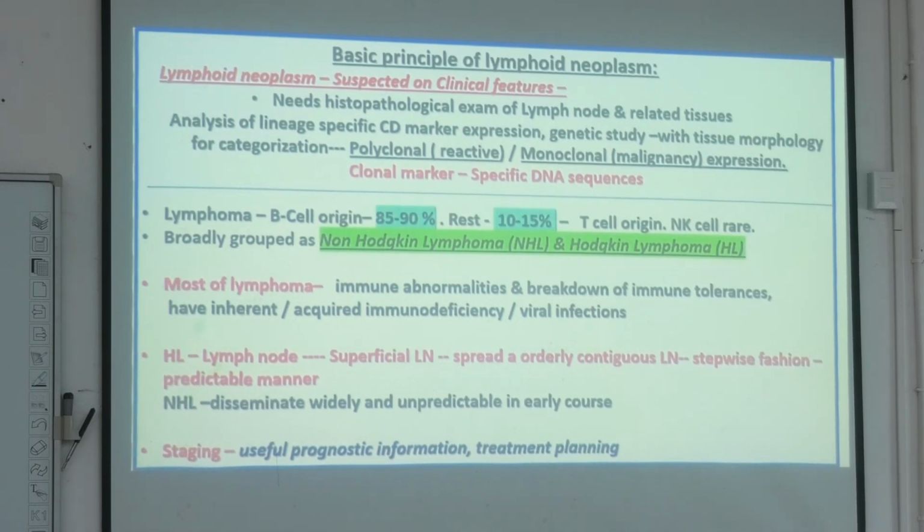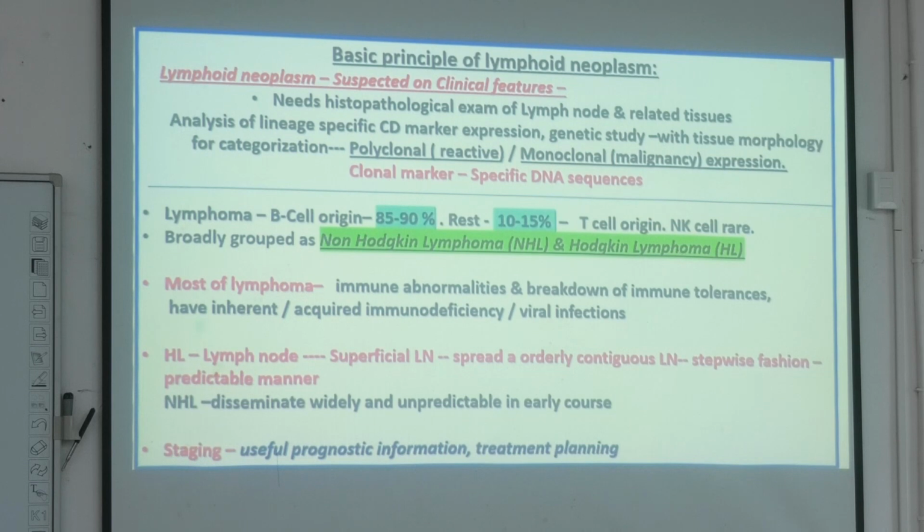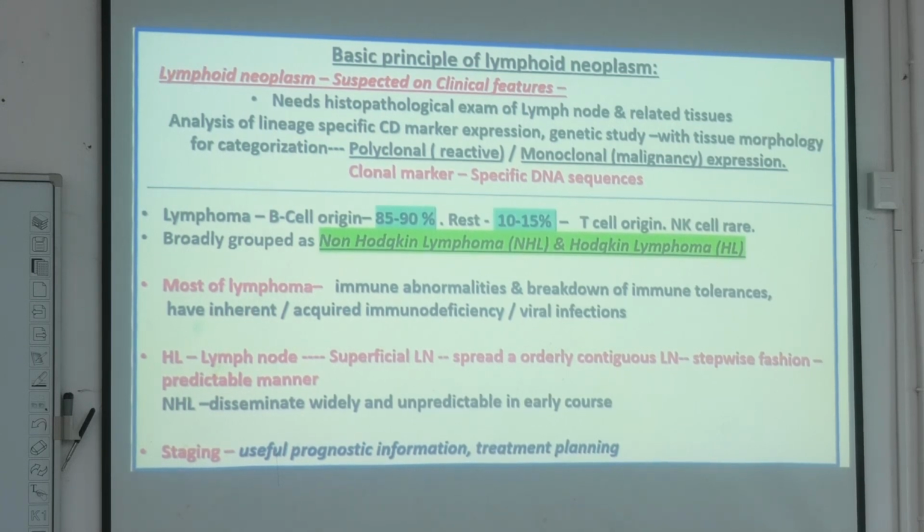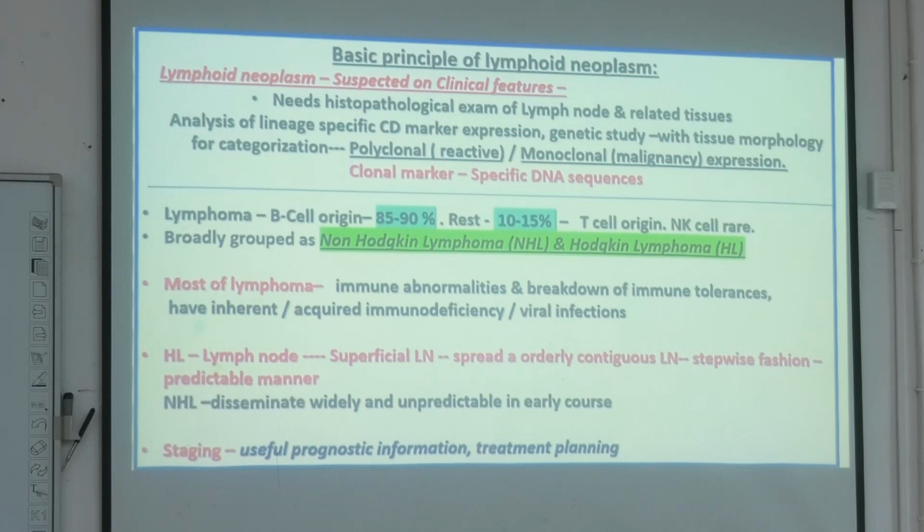Staging is very useful because the clinician will treat the patient prognostically, and prognosis depends upon the stage. In early stage, stage 1 to 2, prognosis is good, and if it is late stage, the 3rd or 4th, prognosis is poor.